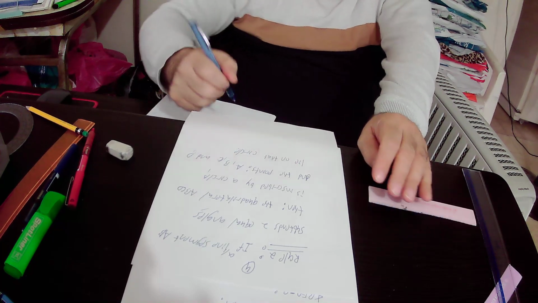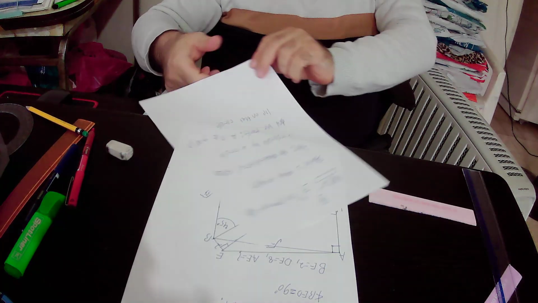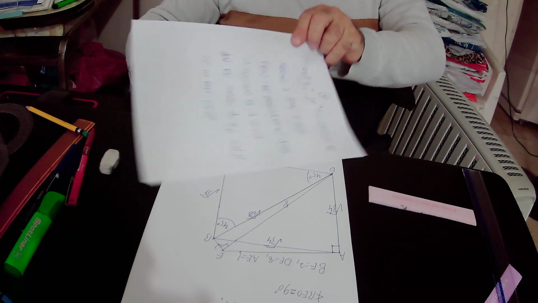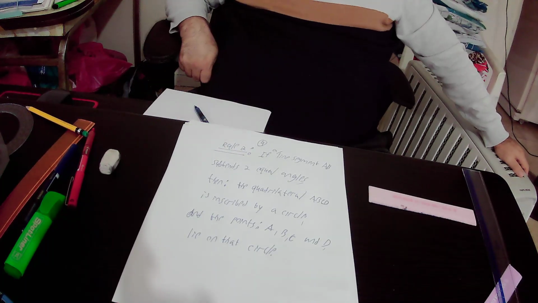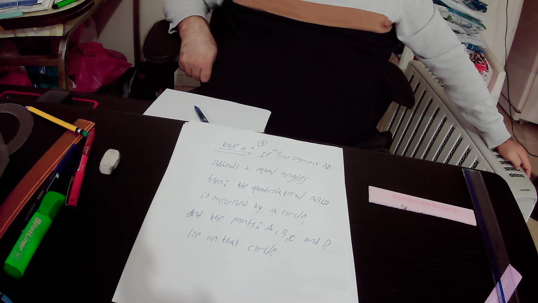So I will read rule number 2 again. Rule number 2 states that if a line segment AB subtends 2 equal angles, then the quadrilateral ABCD is inscribed by a circle, and the 4 points A, B, C, and D lie on that circle.